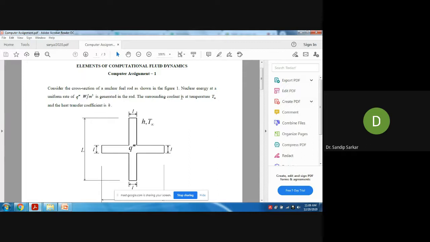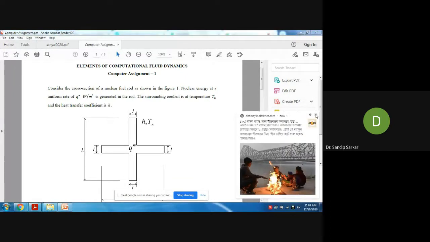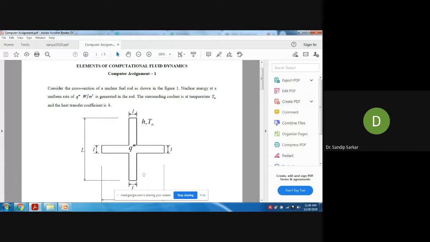The surrounding coolant is at a temperature T infinity and the heat transfer coefficient is h. So this nuclear fuel rod is exposed to an environment where the temperature is T infinity, and there is a heat transfer coefficient h from the nuclear fuel rod to the coolant.